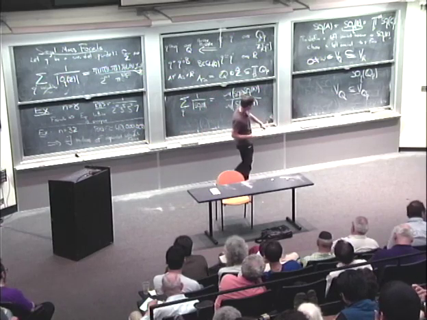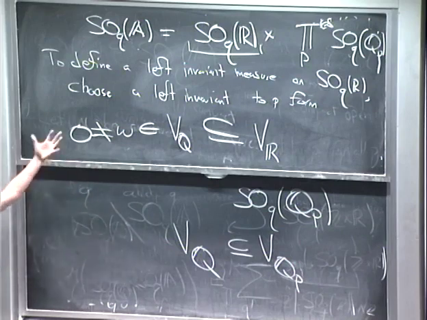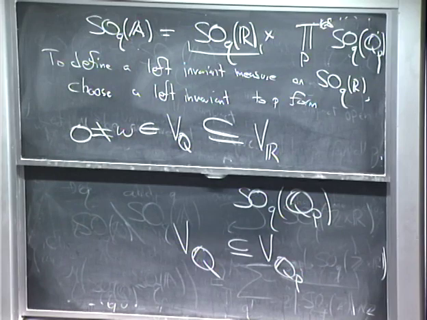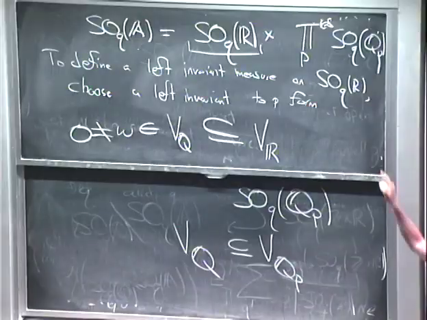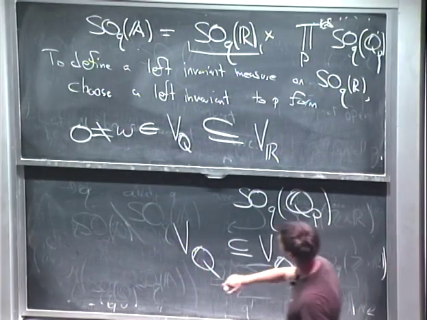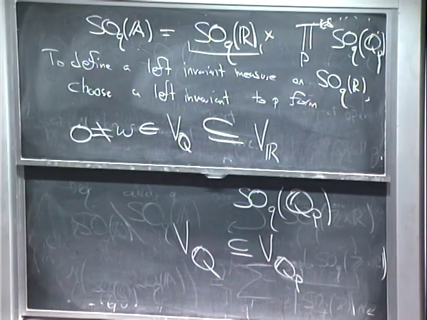So 5-adically, the corresponding measure gets scaled down by 5. Once you've multiplied all these measures together, those two factors of 5 cancel out, and you find that the measure that you've defined on this group is actually independent of omega. So that canonical measure is called Tamagawa measure.